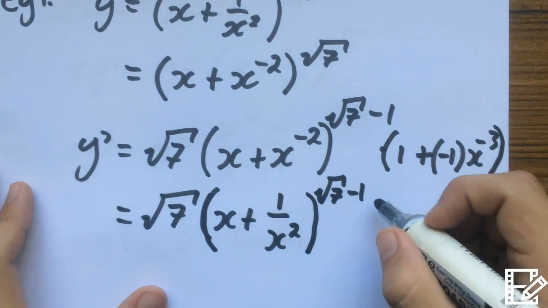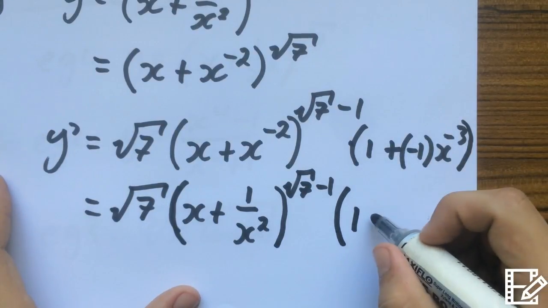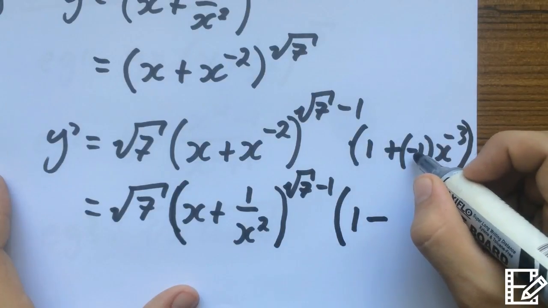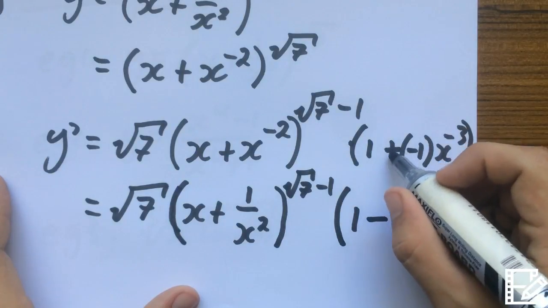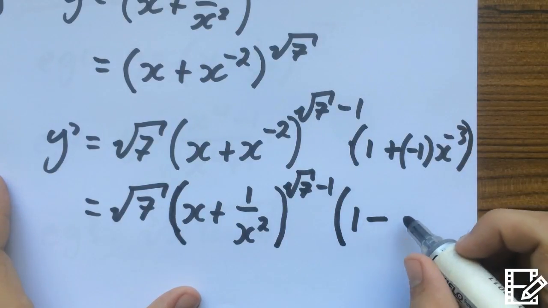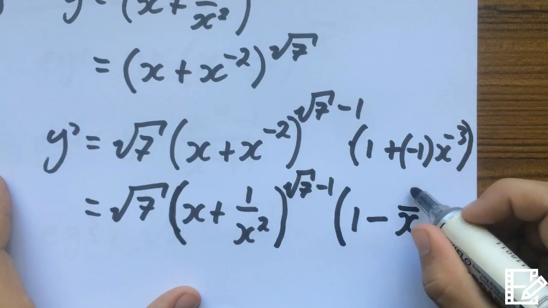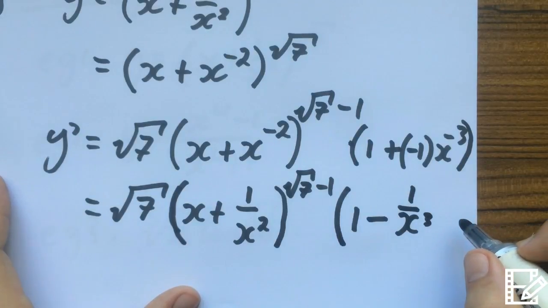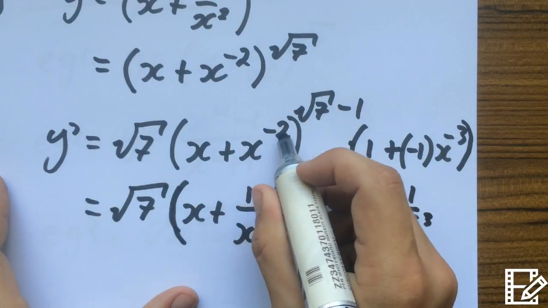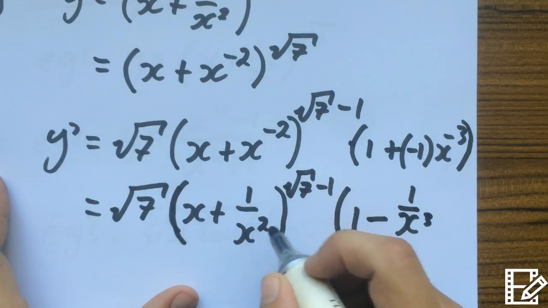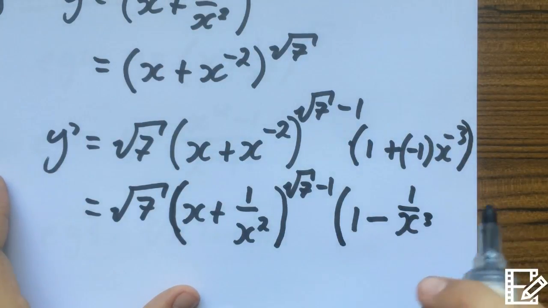Square root of 7, take 1, multiplied by 1, minus, because this is multiplied onto a negative 1, we will replace the addition with the subtraction sign, and it will be 1 over x to the power of 3, because just like here, where I put the x to the power of negative 2 back to 1 over x squared, we have x to the power of negative 3, so I'm bringing it back to 1 over x cubed.